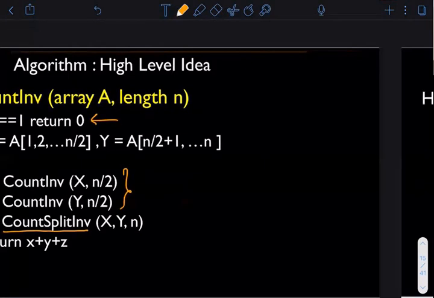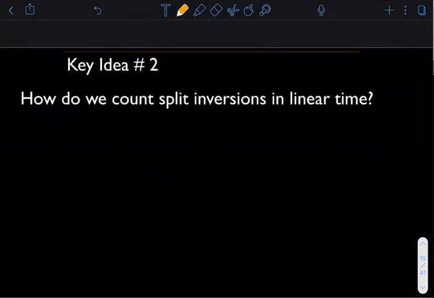Now, as many of you have realized, I was looking at the chat, we can reuse an idea which we have already learned, which is merge sort. This problem seems to have a relationship with sorting, because after all, remember, what is an inversion? An inversion is something which the sort subroutine needs to correct.